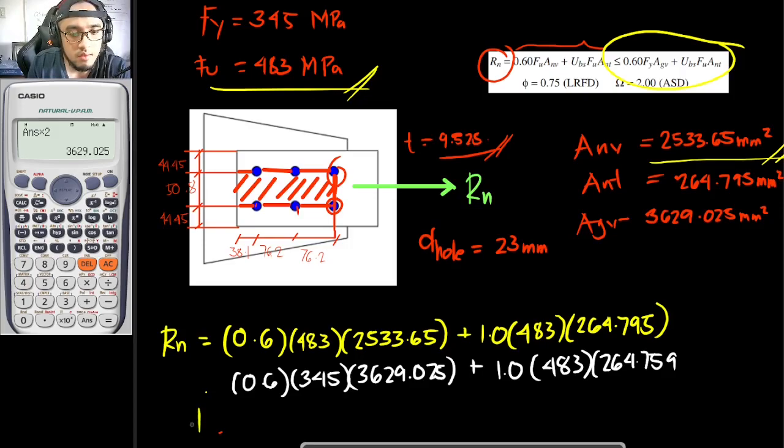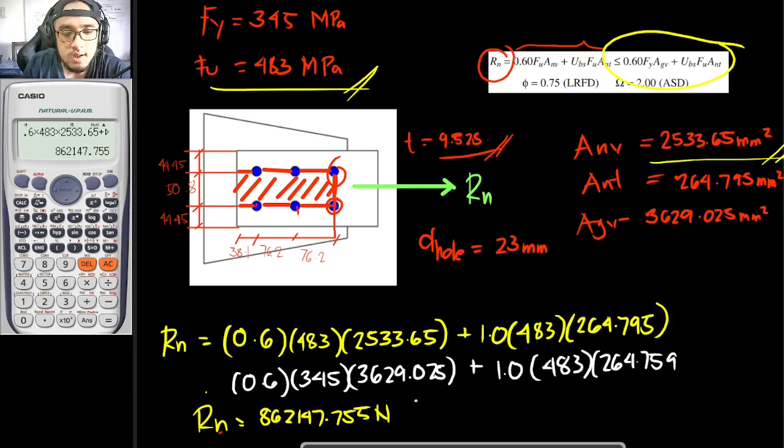So from those, let's compare both values. The first equation is 0.6 times 483 times 2533.65 plus 483 times 264.795. It would give us an answer of 862,147.755 newtons. Let's check if it is less than or equal to the second equation.